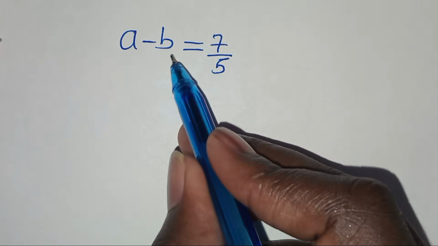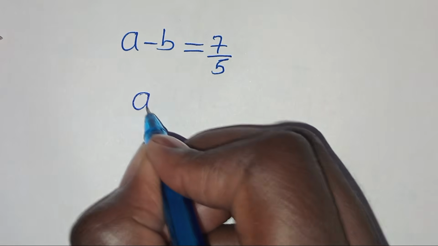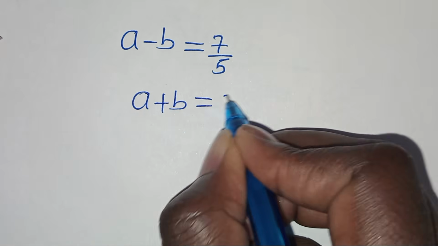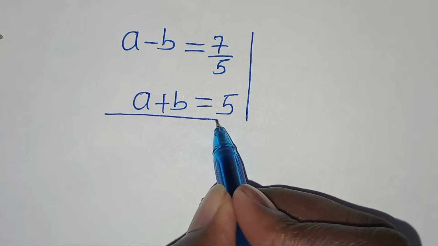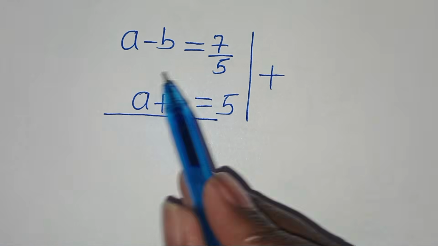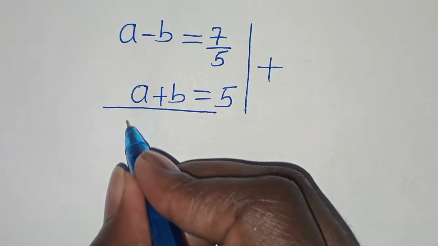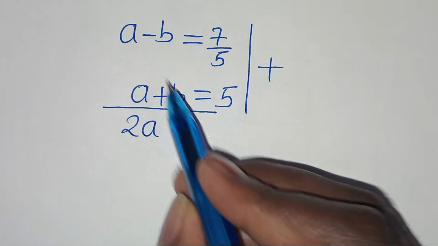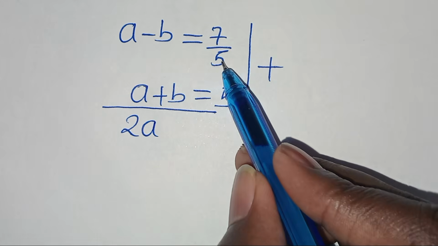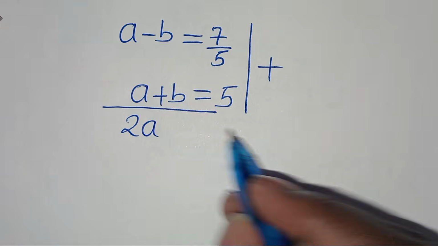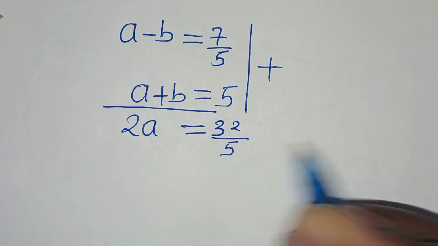Now we have a minus b equal to 7 over 5, and from equation 1, a plus b is equal to 5. So we have a system of two linear equations here. Let's sum these two equations. We have a plus a, this is 2a, then minus b plus b simplifies, then 7 over 5 plus 5 is the same thing as 32 over 5.